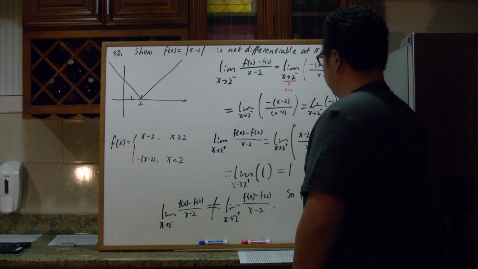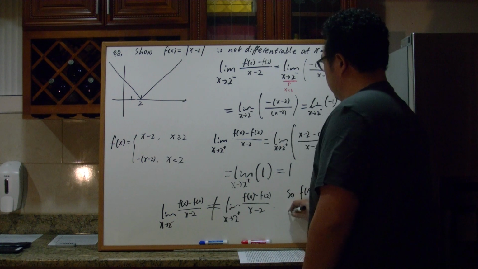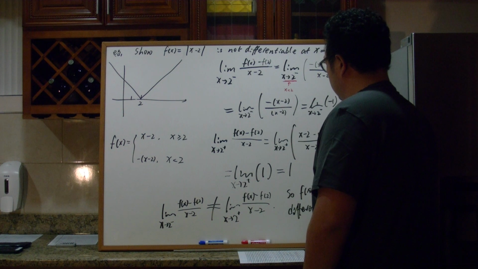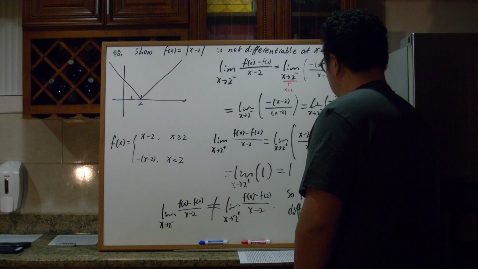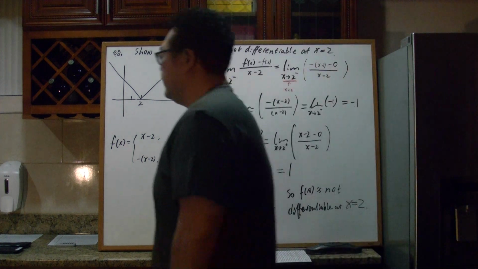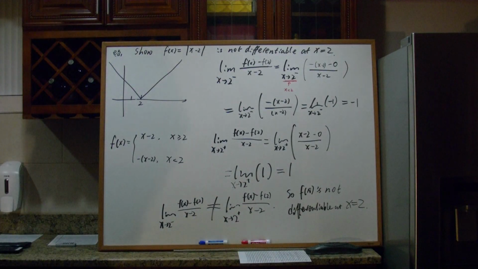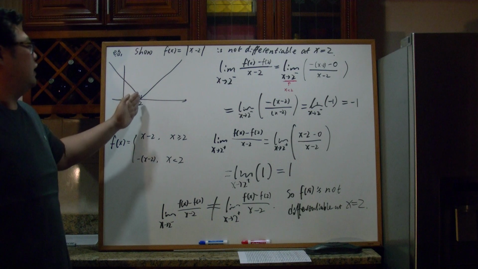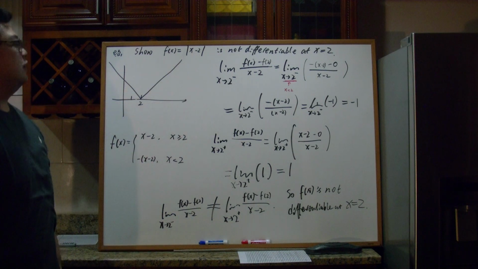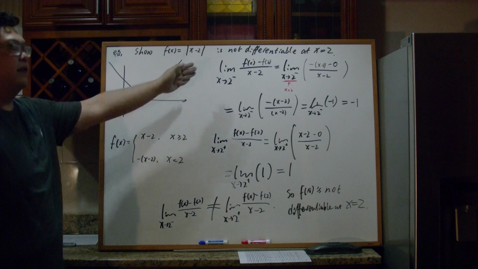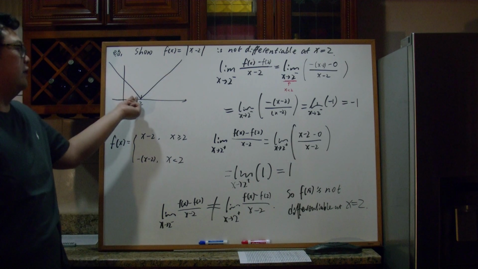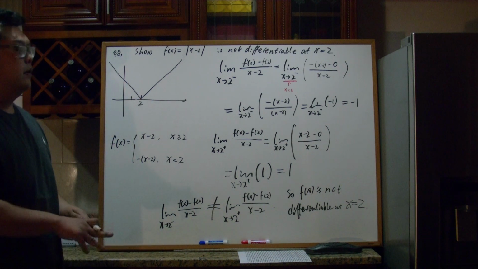So f of x is not differentiable at this point, not differentiable at x equals 2, but elsewhere it is differentiable. Everything before 2 and everything after 2 is differentiable, but it is not differentiable only at this 2.